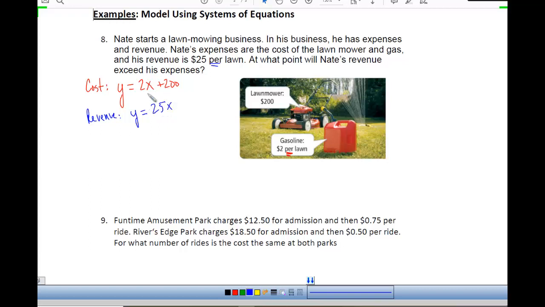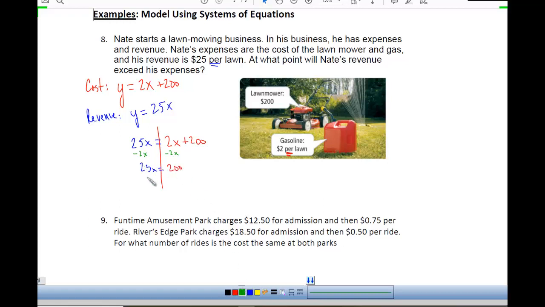So these ones are both solved for y, so really I can just set them equal to each other. I can replace the y here with that, or the y here with that. So I get 25x is equal to 2x plus 200. When will they be equal? That's what we're looking for. So I'm going to go ahead and subtract my 2x's. That's going to give me 23x equal to 200.